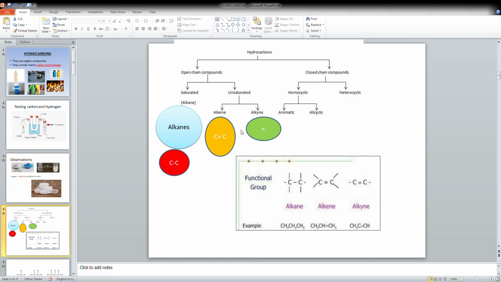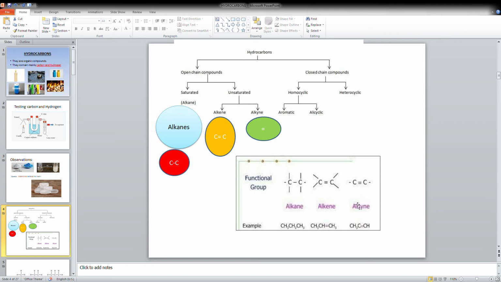Actually, we give these names according to the number or type of bonds. In the alkane, you can see all the bonds are single bonds. It is called saturated, completed. Alkene means among the carbon atoms they have a double bond.